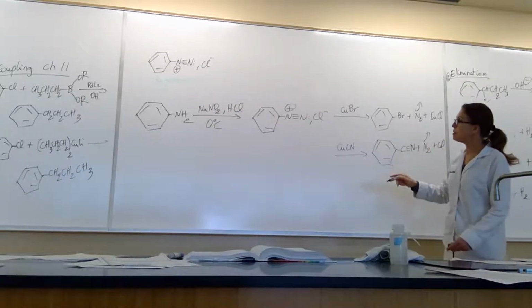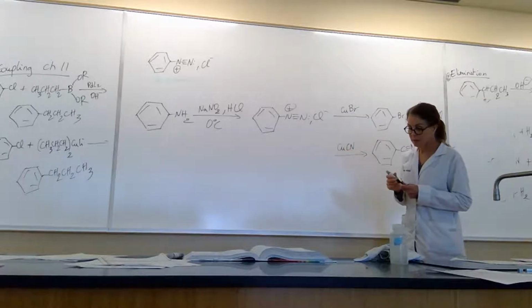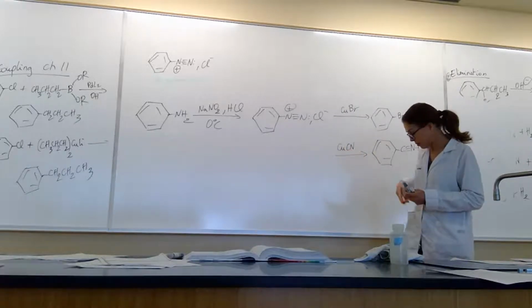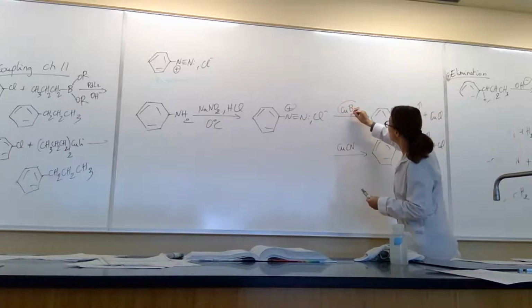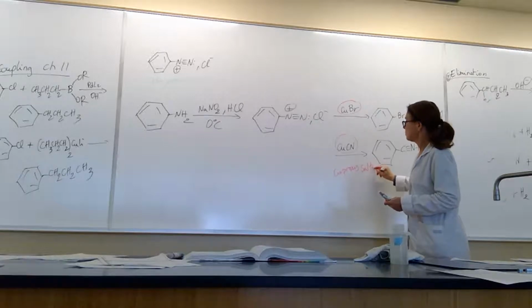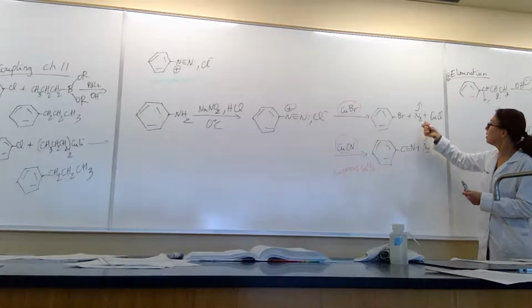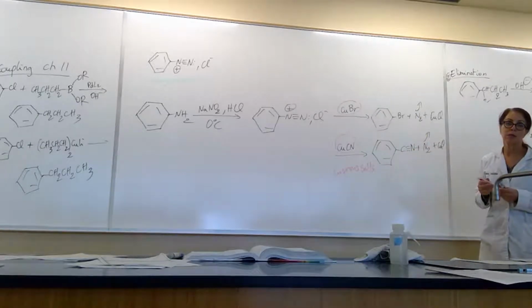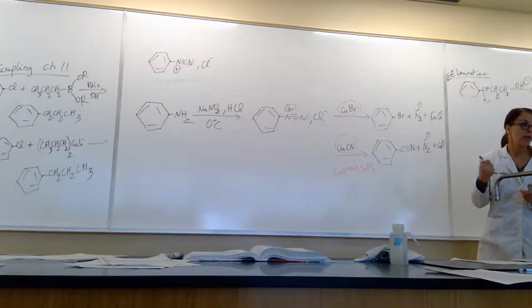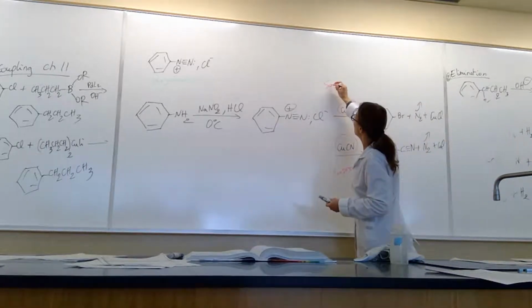So all of these, whenever you see a copper salt, it is very important to pay attention to these. These are called cuprous salts. So if you see cuprous salts, you're going to end up with a substituted benzene. That's really how the reaction is driven. And these are called the Sandmeyer reaction.